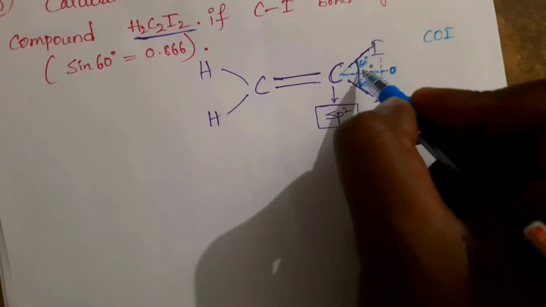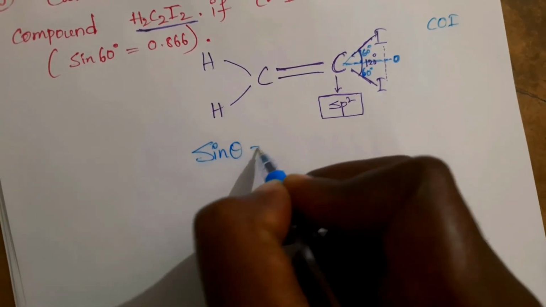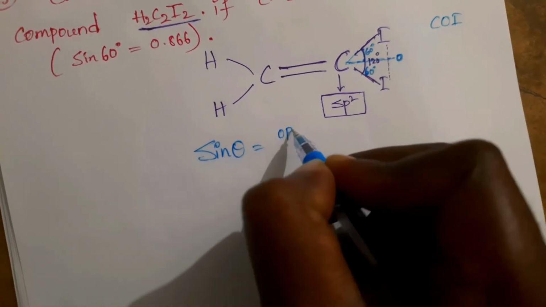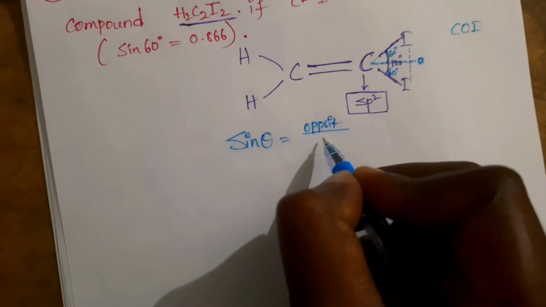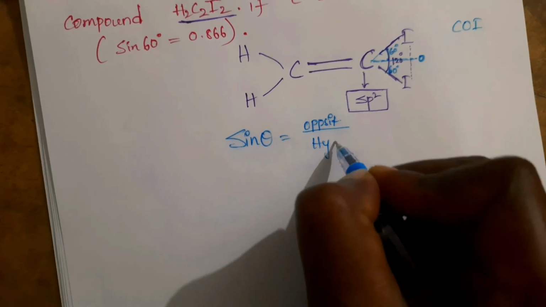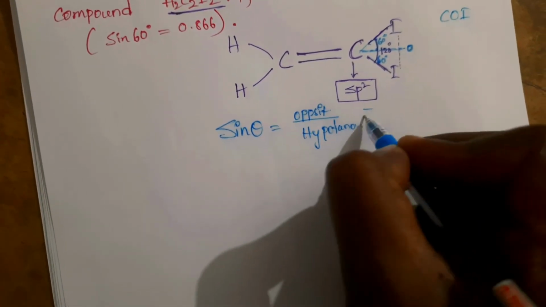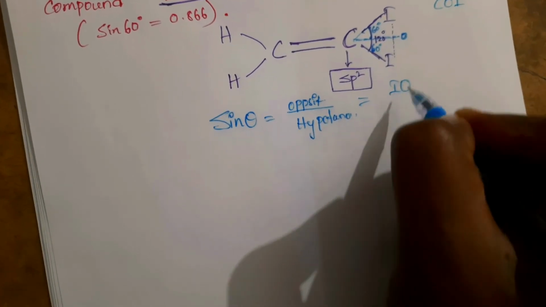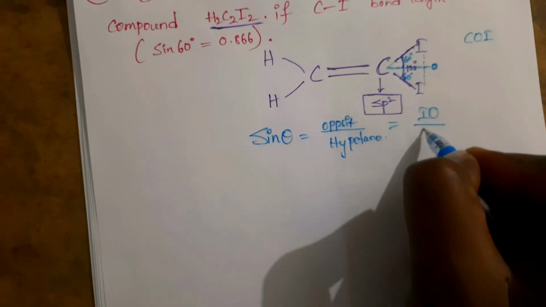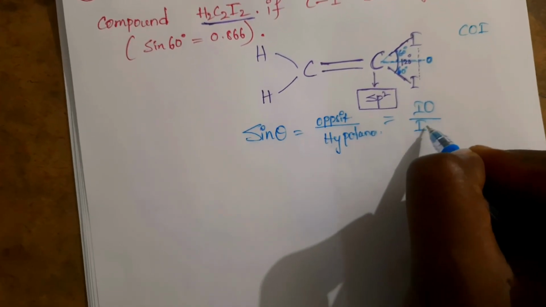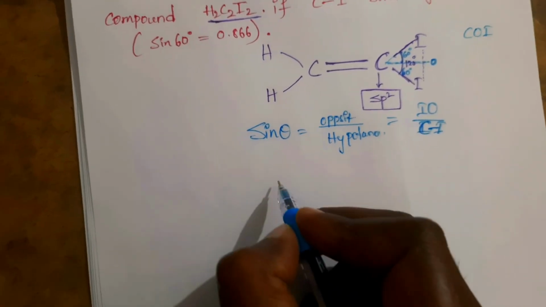Now whenever we take sin theta, it is the opposite side by the hypotenuse. The opposite one is IO, and the hypotenuse is IC, or CI.